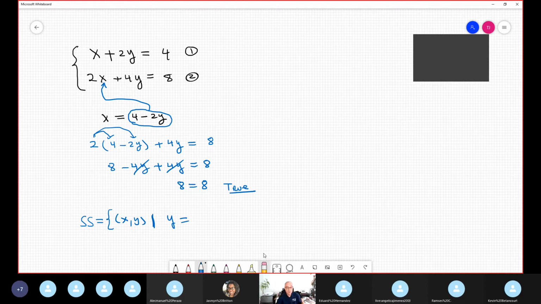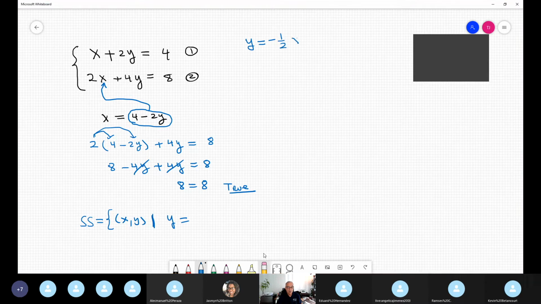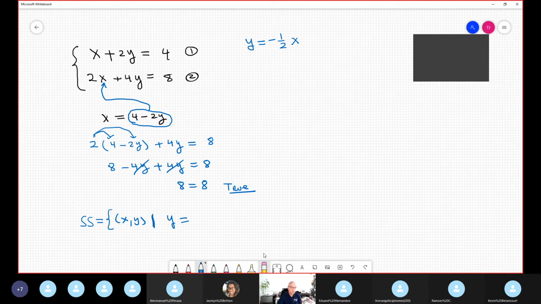Well, okay, let's do it. Is y equal negative 1/2 x plus 2? Yes, plus 2. So, negative 1/2 x plus 2.